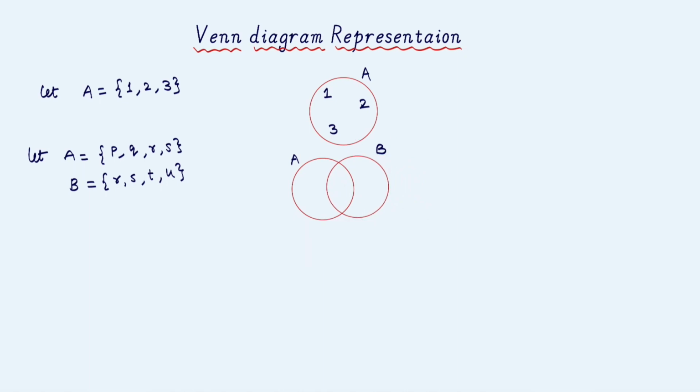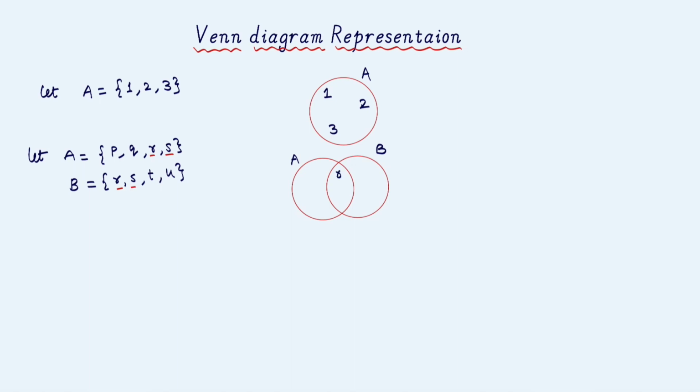Now, how to write these elements in both the sets? Whenever you represent two sets by using a Venn diagram, first we have to fill in the common elements in the common region. What are the common elements in these two sets? R and S are the common elements. So R and S we have to fill in the common region.